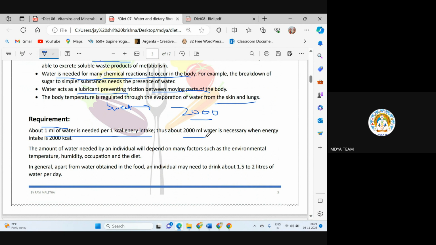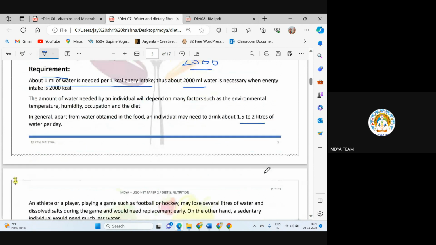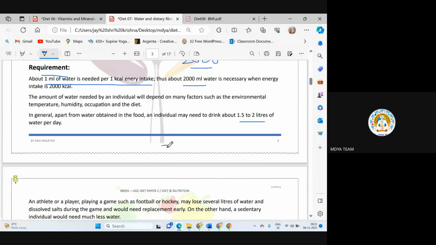This is a common scale for intake of water, and in general a person can take up to 1.5 or 2 liters of water. Many also say 3 or 4 liters, and in many books you will also find 4 to 5 liters. It's not very well defined actually.